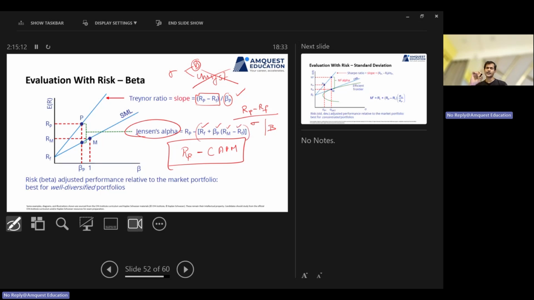This is the return you should earn as per the CAPM model. How much are you actually earning? This much. What's the difference? That's called Jensens alpha. Easy? So take the actual return and subtract the CAPM return, and you get the alpha. Alpha is nothing but a proxy for excess return. How much more money you are making is your Jensens alpha. Clear?